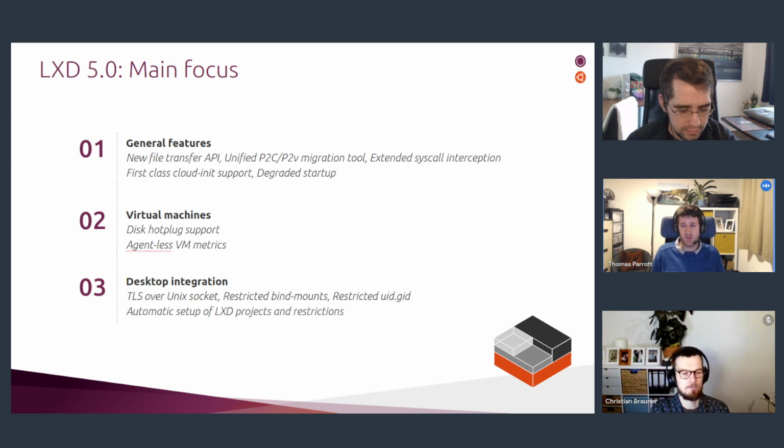For LXD 5.0, we want to do the same thing for disks, so you can attach additional disk devices, with the exception, obviously, of the root device, but additional external disk devices or custom volumes. We would be able to hot plug them into LXD and then show up as block devices inside the virtual machine without rebooting the virtual machine first.